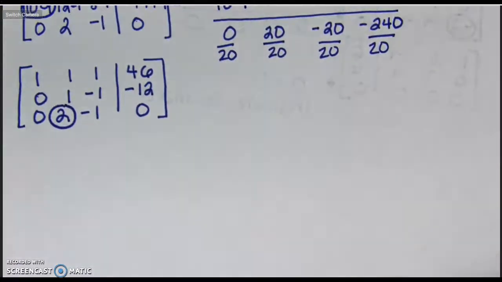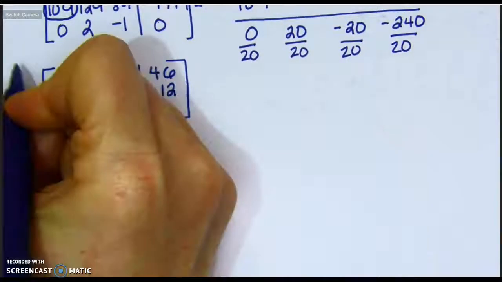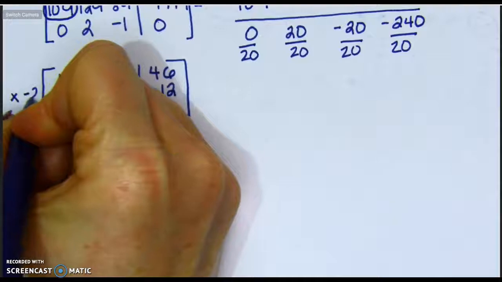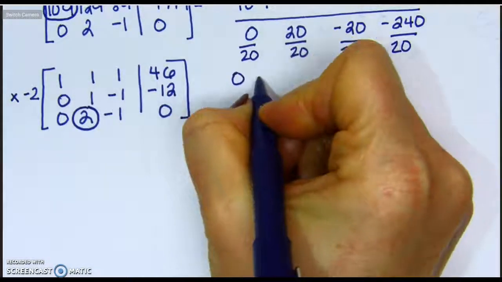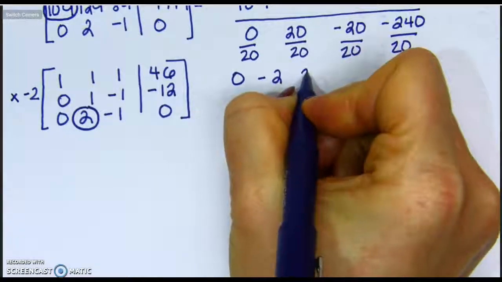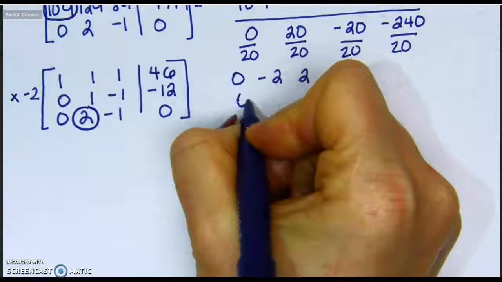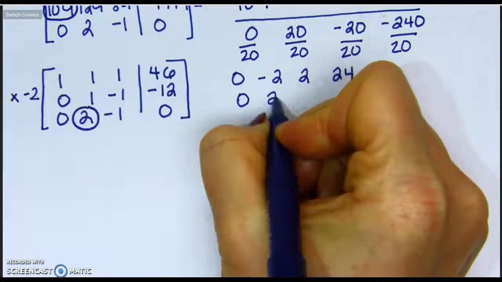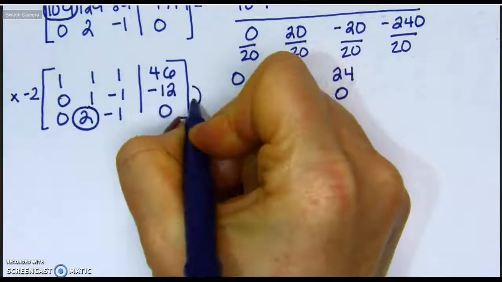So to do that, I'm going to multiply my middle row by -2, giving us 0, -2, +2, 24. And then my bottom row is 0, 2, -1, 0, and we're going to add down.